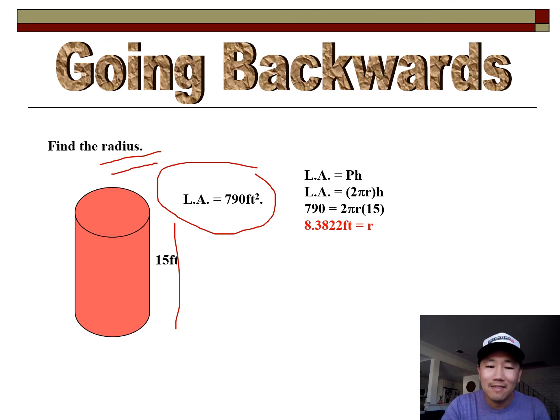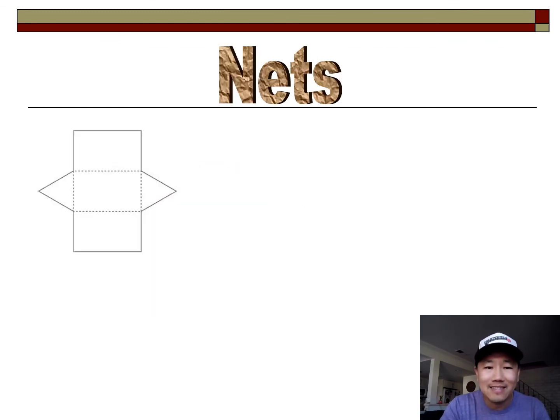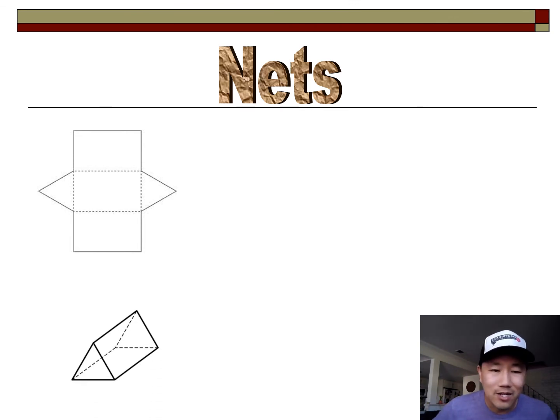All right, last thing that we have to learn, nets. These are just 3-dimensional shapes that have been cut open and then laid flat. You have to figure out if you were to fold this shape like an origami into a shape, what would this fold look like? It would actually fold into a triangular prism.